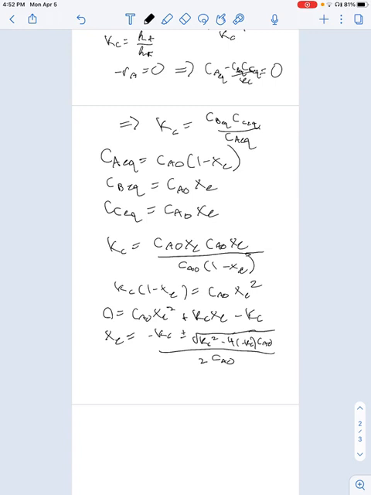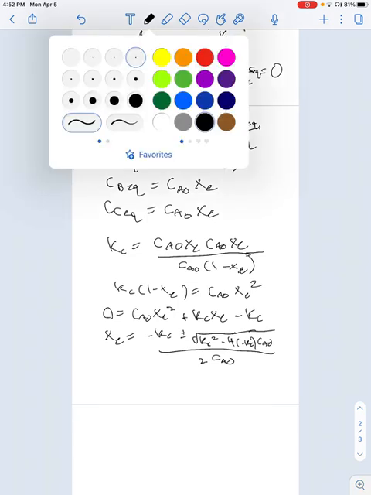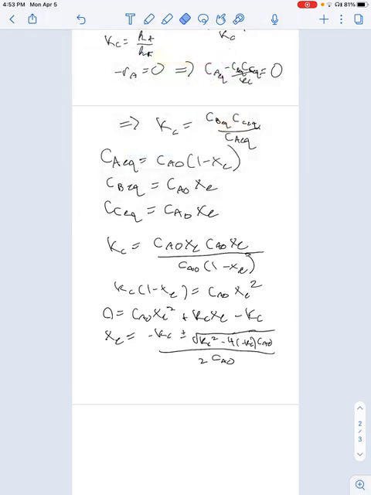We know the equilibrium conversion has to be positive, so we can't have that negative sign, and it'll just be the positive root. So that will be our equilibrium conversion.